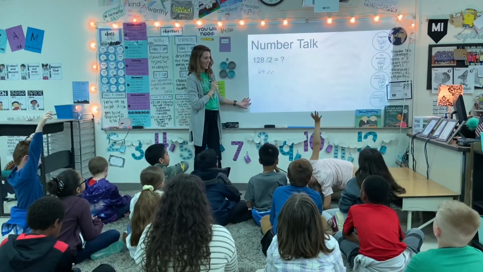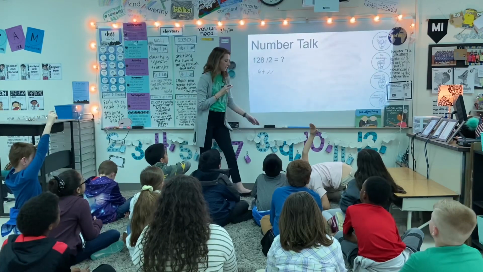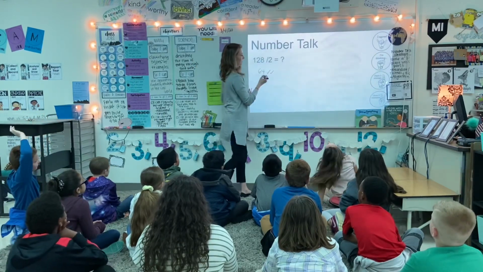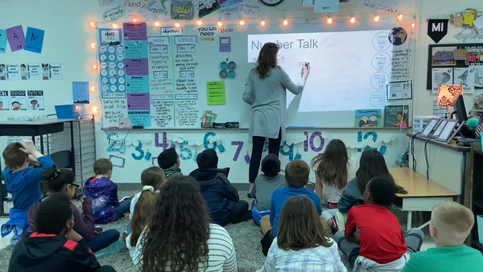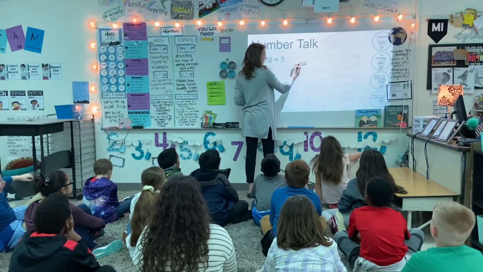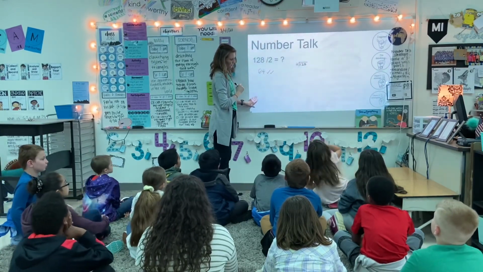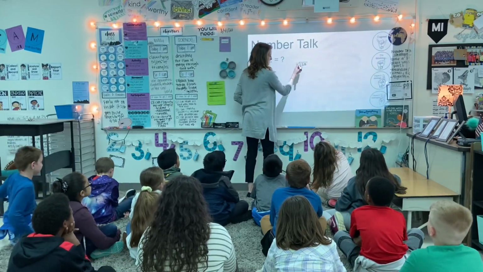I did long division. I did 128 divided by 2. How did you do that in your head? Well, I know that 2 can't go into 1, so I put a 0 there.